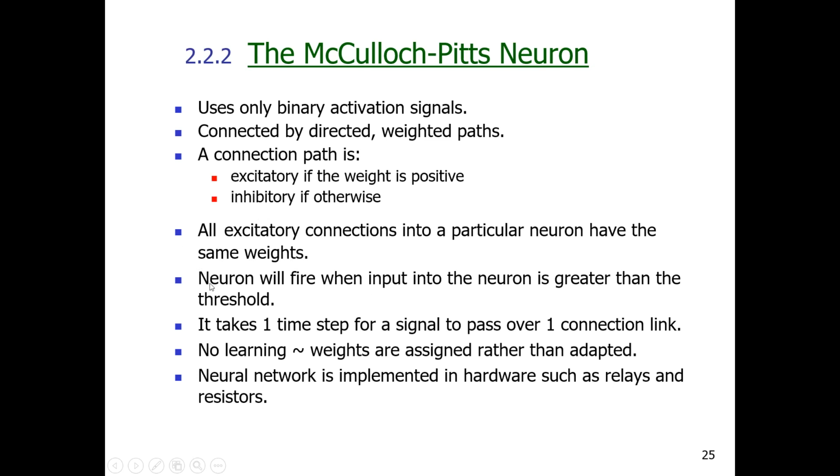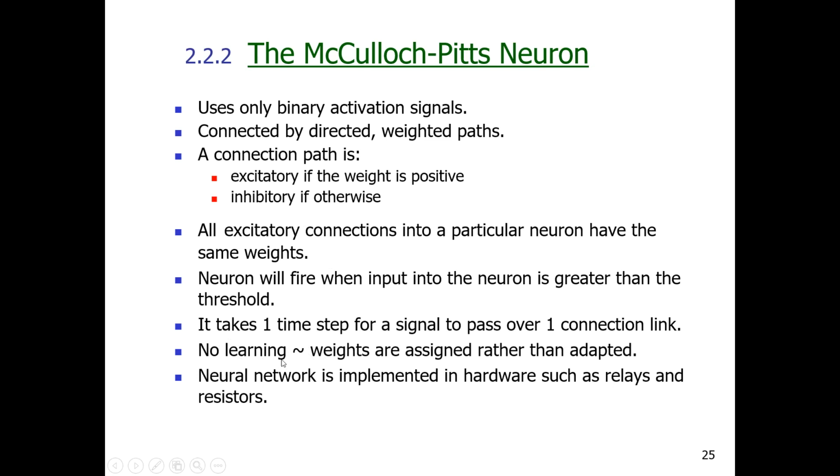The neuron will fire when the input to the neuron is greater than the threshold. We saw the binary activation function earlier. Whenever S is greater than or equal to the threshold, the output is 1. Whenever it's less than the threshold, the output is 0, or inhibitory. It takes one time step for a signal to pass over one connection link.